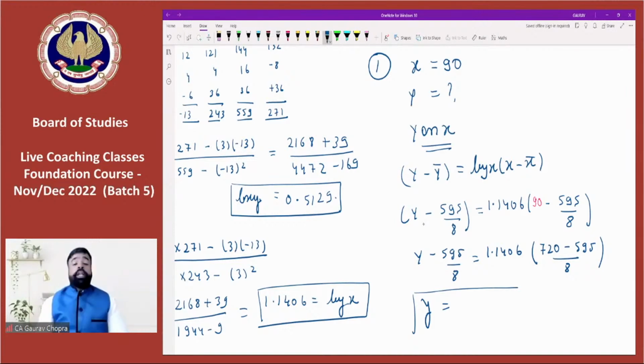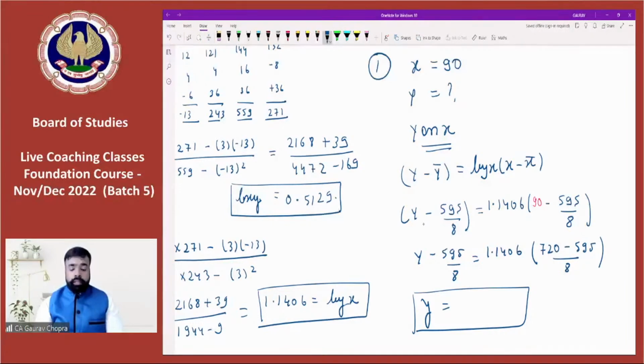So let me know what is the value of y, that is the marks in statistics. Zeba has given 74.375.